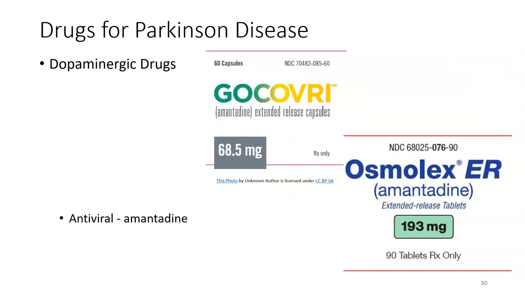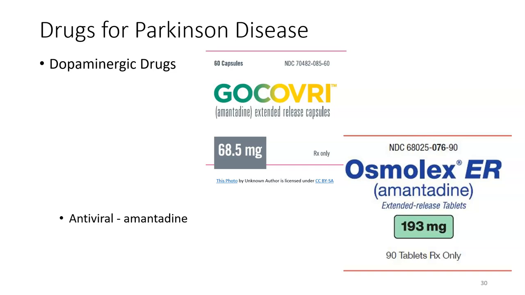Now, the textbook talks about amantadine as a dopaminergic drug. Almost every pharmacology book that I access and use as a resource does not list this as a dopaminergic agent. It's an antiviral. We do use it in treating Parkinson's disease, but we really don't know the mechanism. It's unknown. It works.